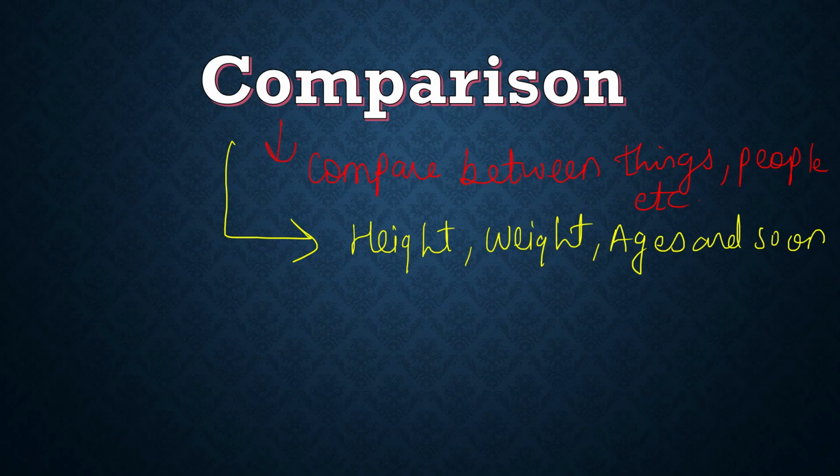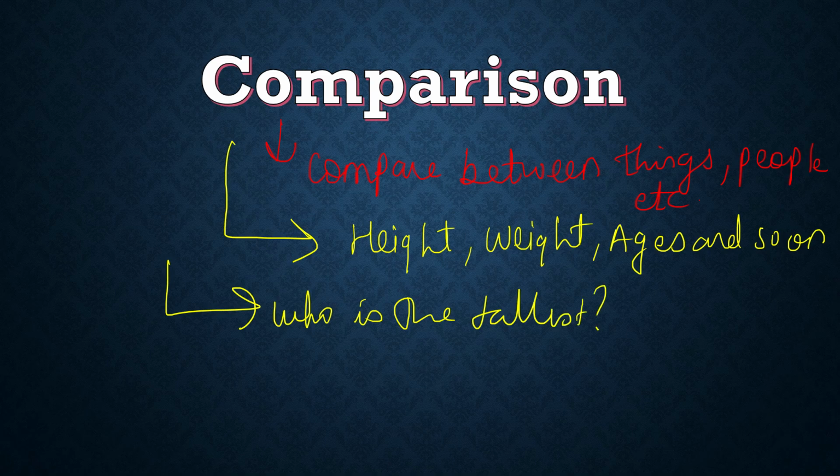Passage type questions will be there, and finally they will ask who is the tallest, or who is the shortest, who is the youngest. So these are the questions framed in comparison.